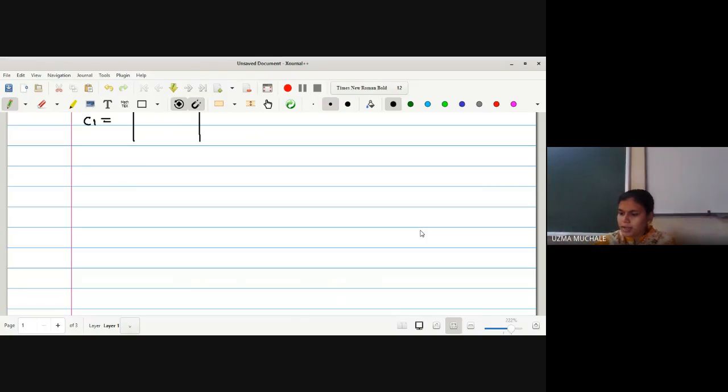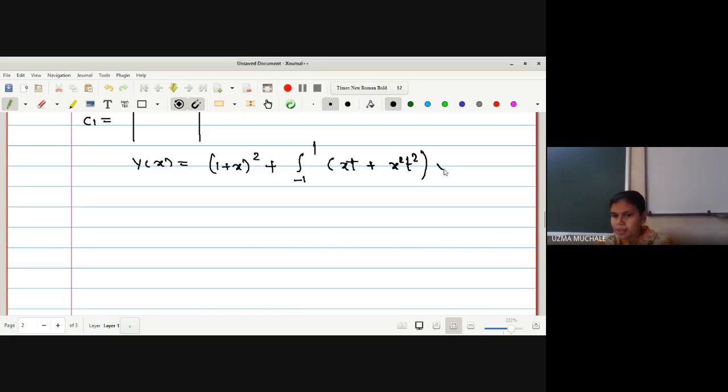Okay, let us now try to solve this example. y(x) = 1 + x² + λ∫ from −1 to 1 of (xt + x²t²) y(t) dt. This is somewhat different from the previous example.